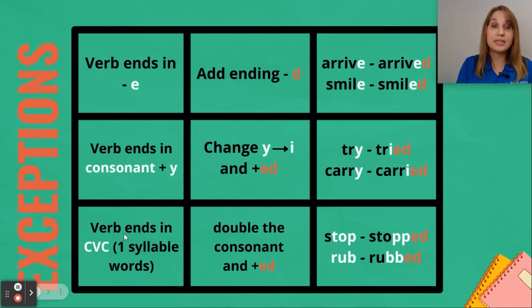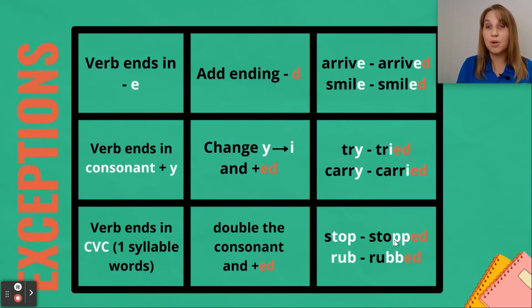And the verbs that end in a consonant vowel consonant cluster, usually those are just one syllable words, we would double the consonant and add ed. Stop, stopped. Rub, rubbed.